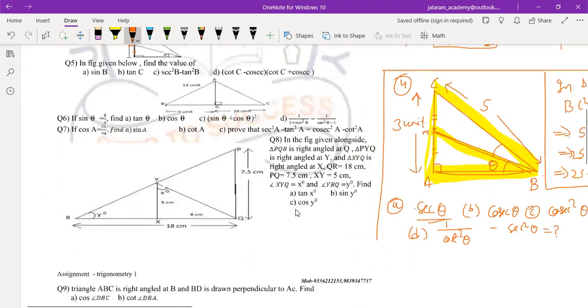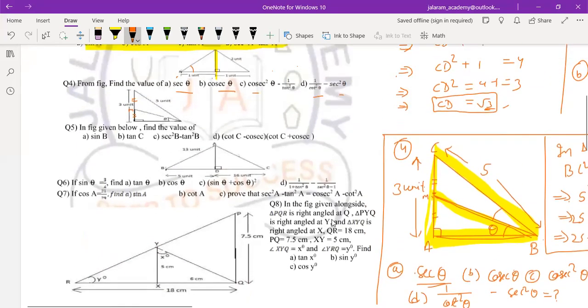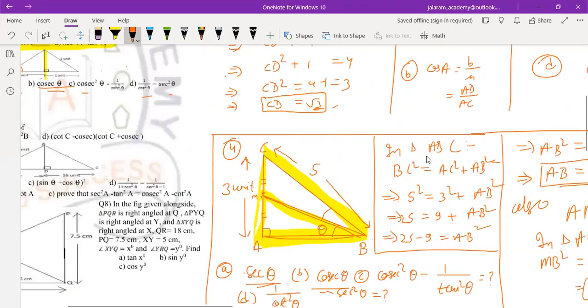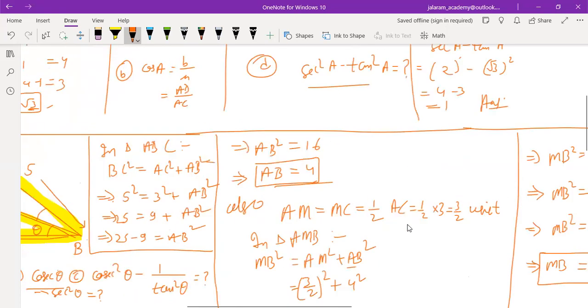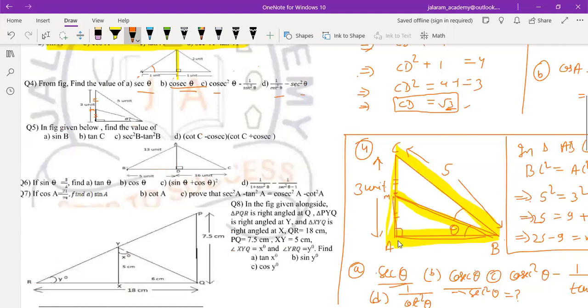Then we find part B. We have to find value of cosec theta. Ratio of hypotenuse and perpendicular. Hypotenuse is same, MB. And perpendicular this time is MA.